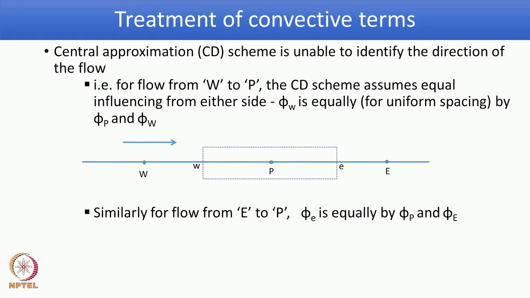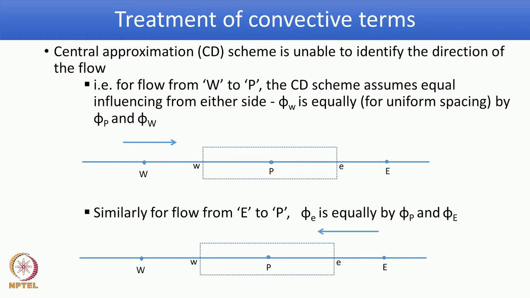Similarly, for other situation, if the flow is from right to left, then it takes correspondingly neighboring nodes and gives equal weightage, that is for the uniform mesh. If it is non-uniform mesh, then you take appropriate weightage, it does not factor the flow direction.